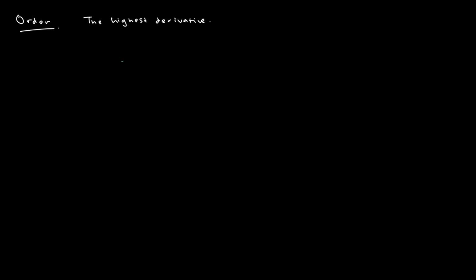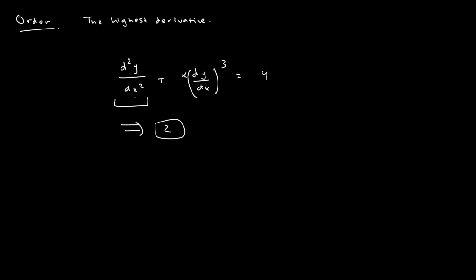An example is if you have d squared y over dx squared plus x times dy over dx to the power of 3 is equal to 4. Don't get confused by this term being to the power of 3. The order of this is just 2 because our highest derivative is a second order derivative. This derivative is just to the power of 3. You can treat this term as just another variable if that's confusing.